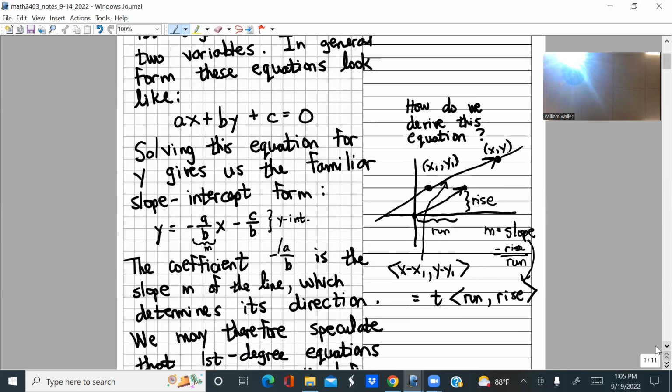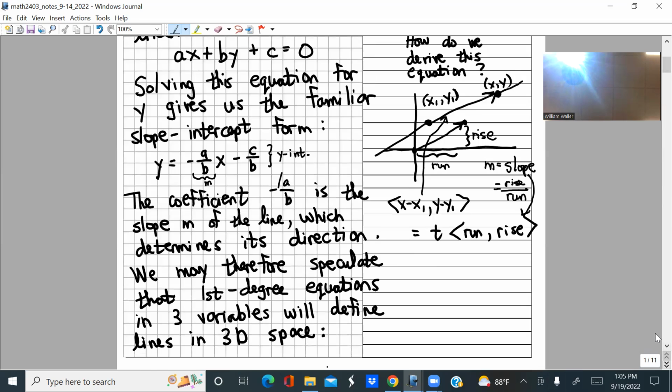Well, let's try filling in a little bit of algebra here. If these 2 vectors are equal, then the first component is equal. So x minus x1 has to be equal to t times the run, correct? And y minus y1 is going to be t times the rise. That means there are 2 different ways of computing t.